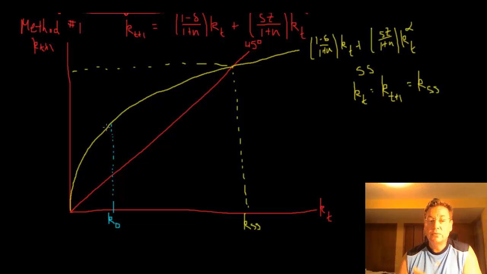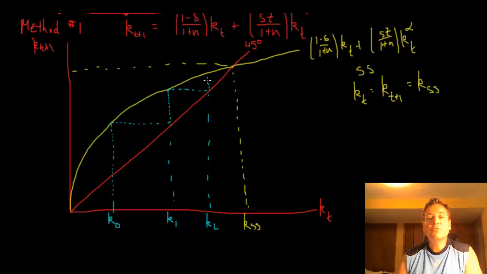So kt plus 1 is bigger than kt. You then reflect that back over here. That gives us what k1 is. Then k1 gets converted into k2. Reflect that back over here, tells us what k2 is.